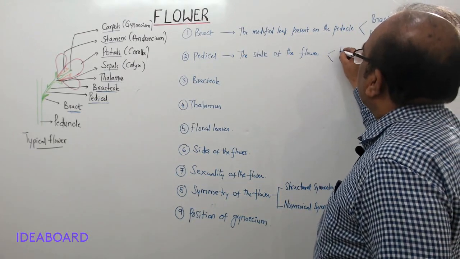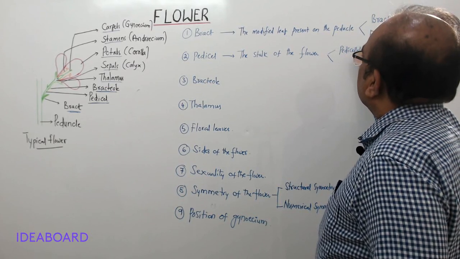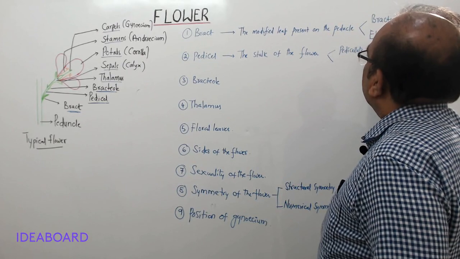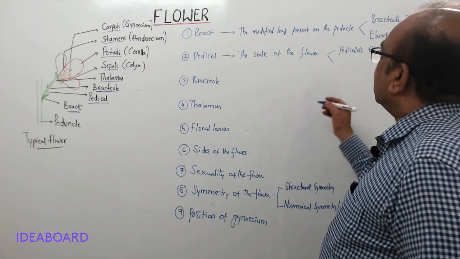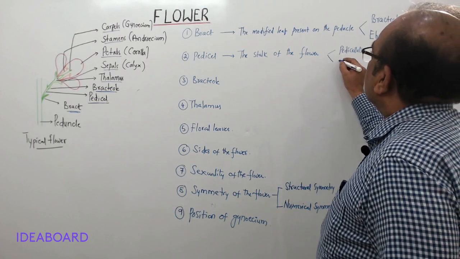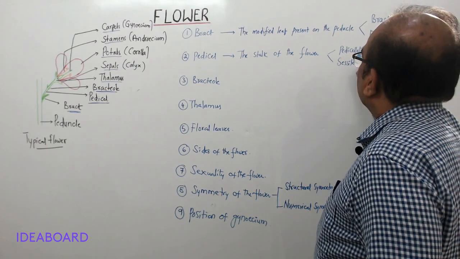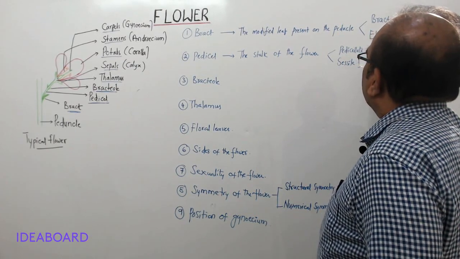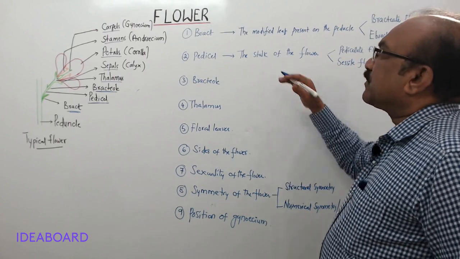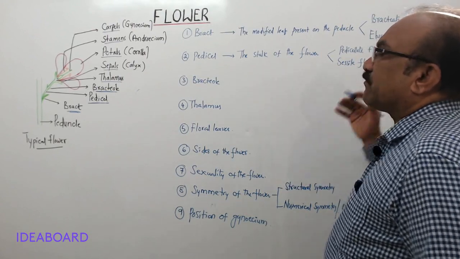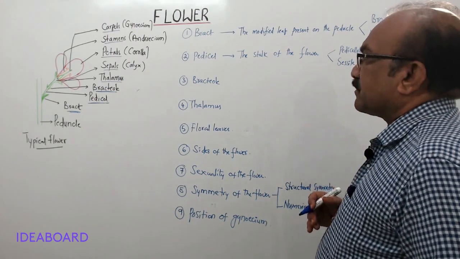The flower with pedicel is called pedicellate flower. And when pedicel is absent, the flowers are described as sessile flowers. And we won't mention this particular character in the floral formula. So that's why no need of symbols for this.